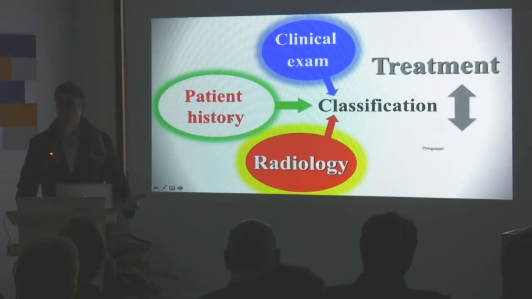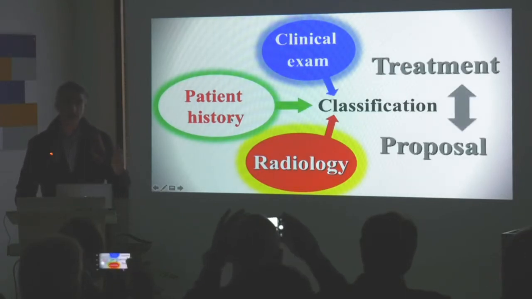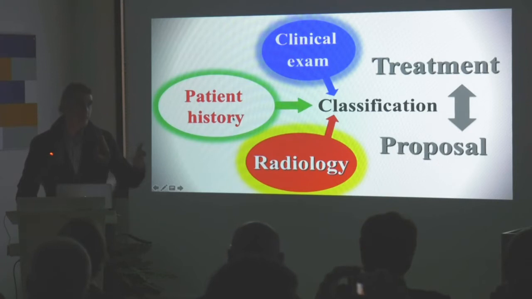The first is the patient history, and it's very, very important to ask, to tease your patient to know exactly if he had a patellar dislocation, because sometimes it's difficult to know it. Then you have the clinical exam. The clinical exam is not so specific, but it will help you in the diagnosis.